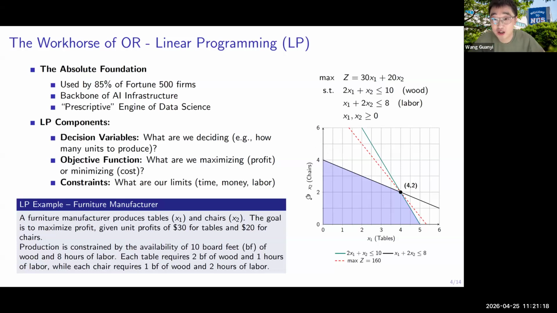If you pay attention, you might see that in the right-hand side figure, we get a geometric illustration. The horizontal axis denotes the number of tables that we would like to output, and the vertical axis denotes the number of chairs.